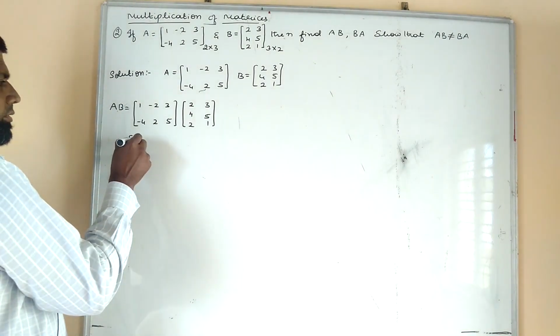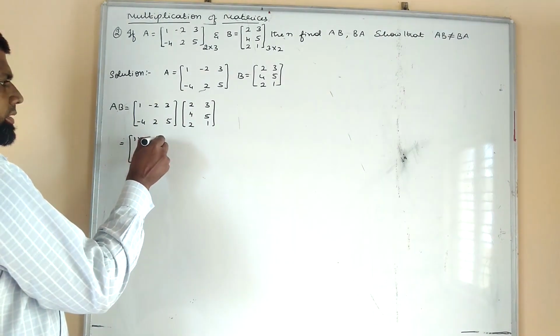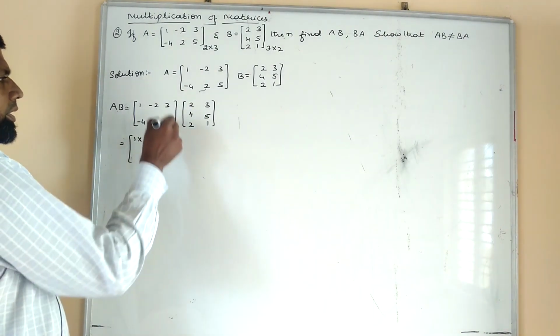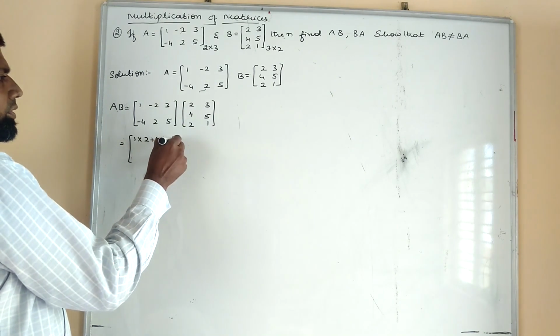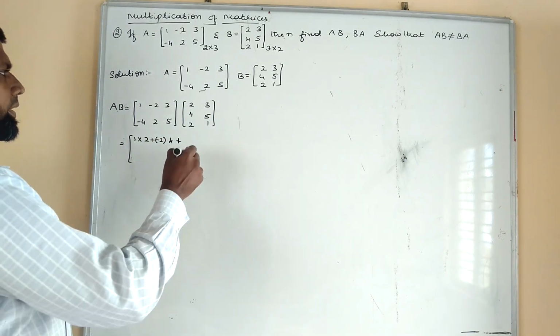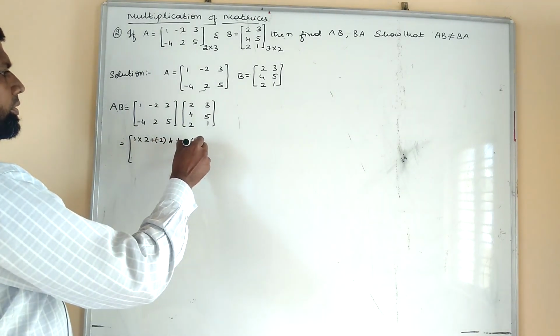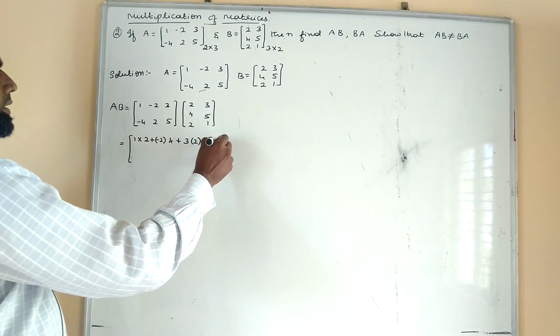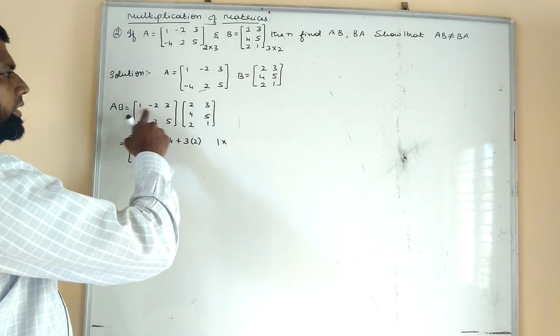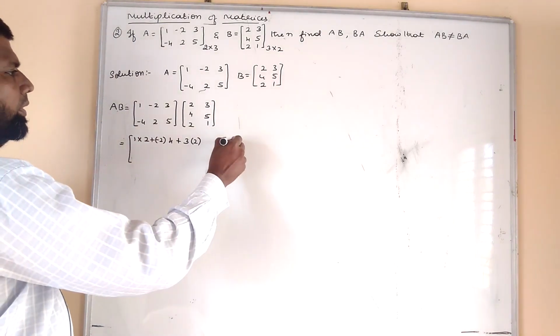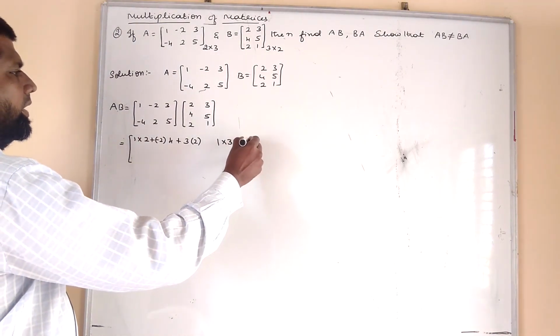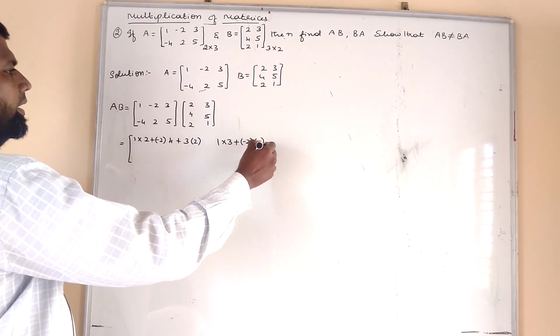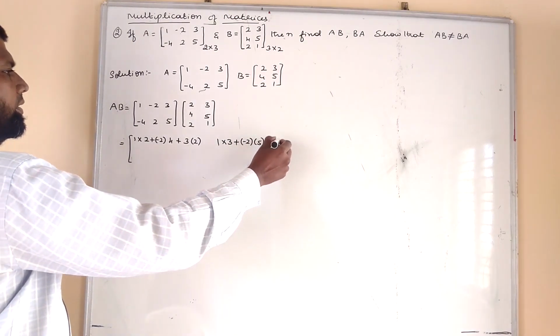First row, first column: 1 into 2 plus minus 2 into 4 plus 3 into 2. Then first row, second column: 1 into 3 plus minus 2 into 5 plus 3 into 1.